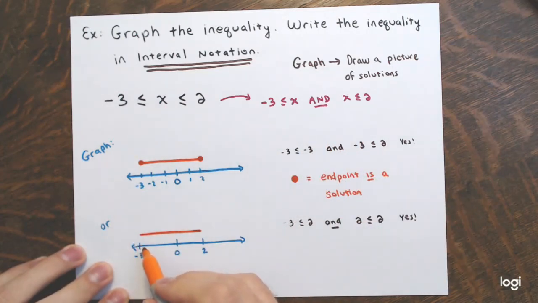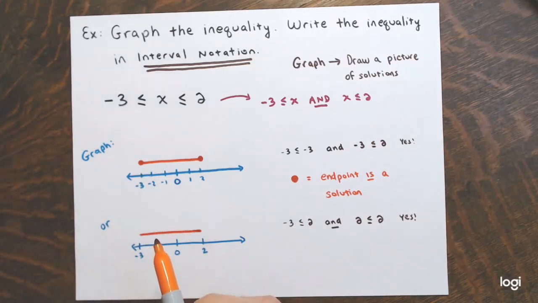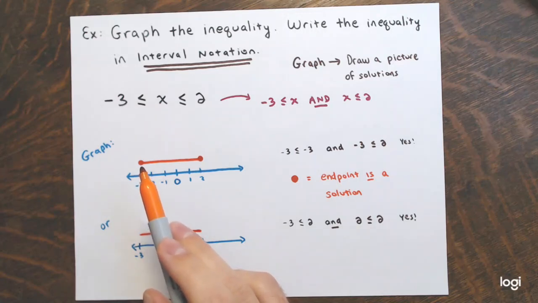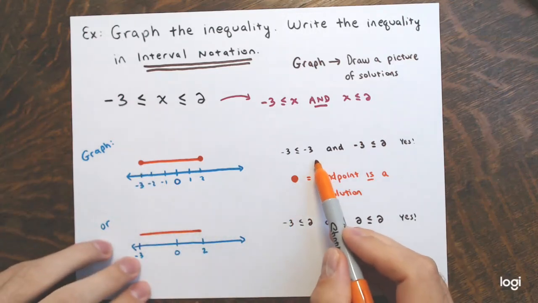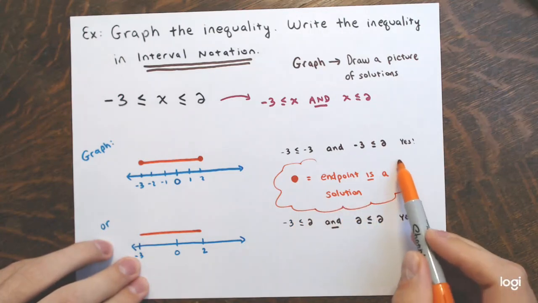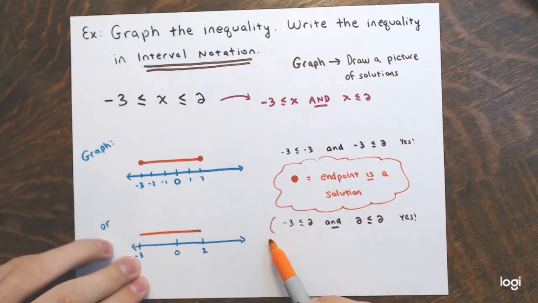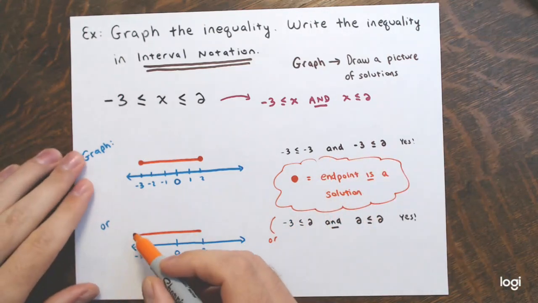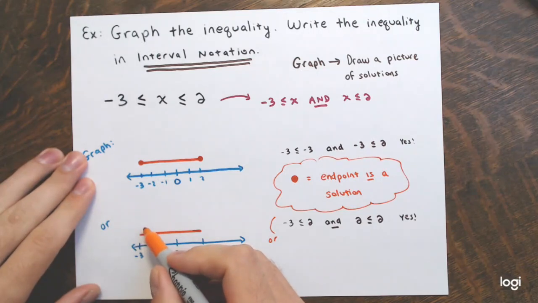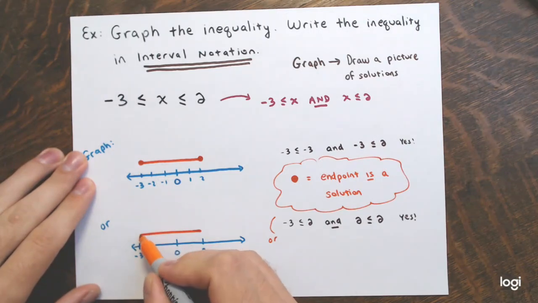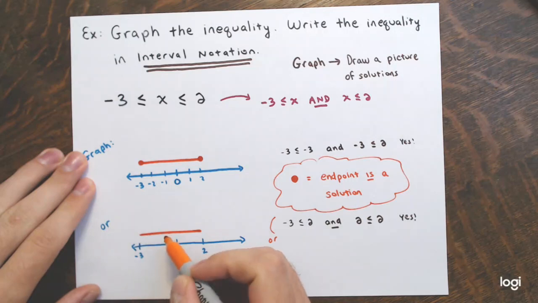All of these numbers satisfy this compound inequality. And in some texts, to say that one of the endpoints is a solution, you might either put a solid dot, like I mentioned, or you might put a rectangular bracket that opens in the direction of the solutions.